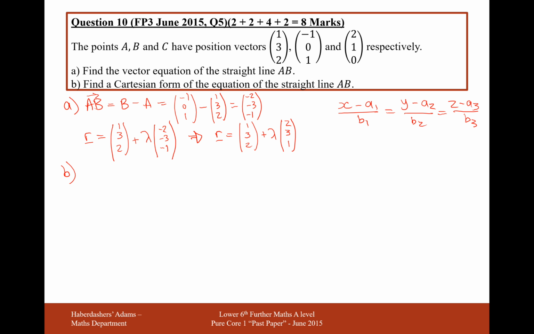Now we can just plug the numbers in here. We've got a1, a2, a3, b1, b2, b3. So it's going to be (x - 1)/2 equals (y - 3)/3 and (z - 2)/1. Okay, so that's the Cartesian form of the equation.